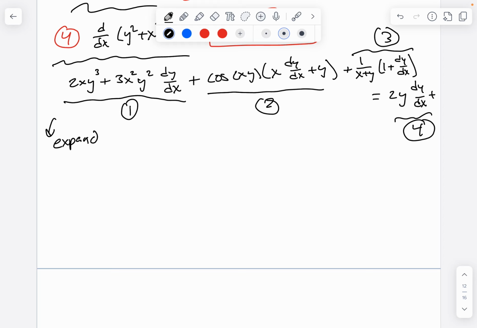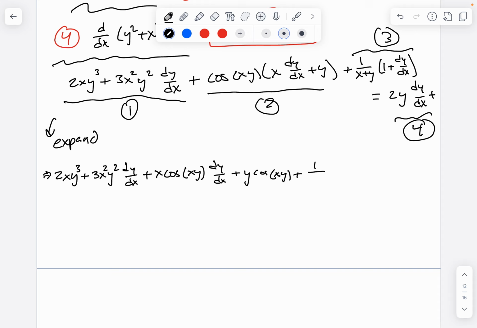We have 2xy cubed plus 3x squared y squared dy dx plus x cosine of xy dy dx plus y cosine xy plus 1 over x plus y plus 1 over x plus y dy dx is equal to 2y dy dx plus 1.